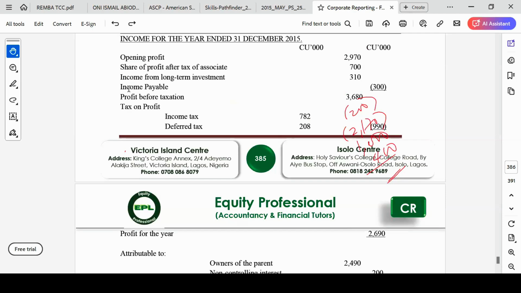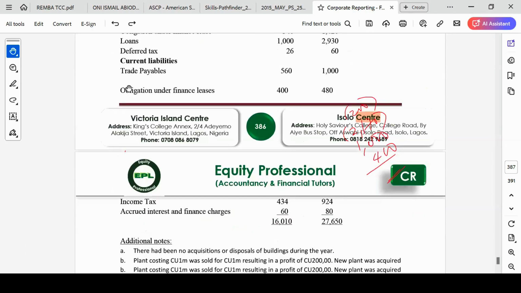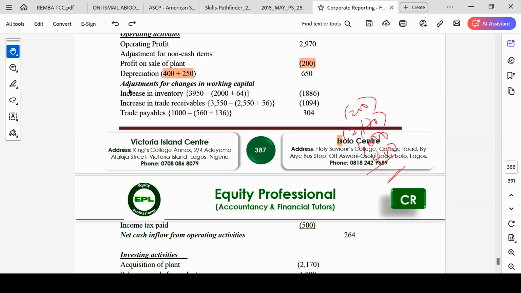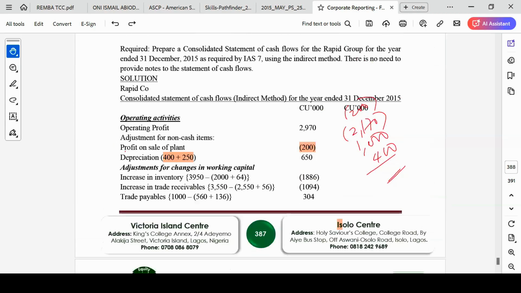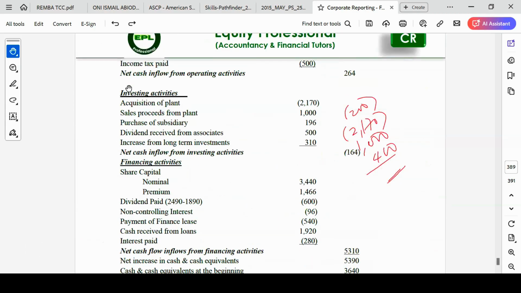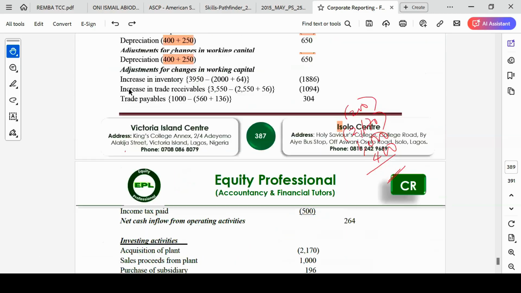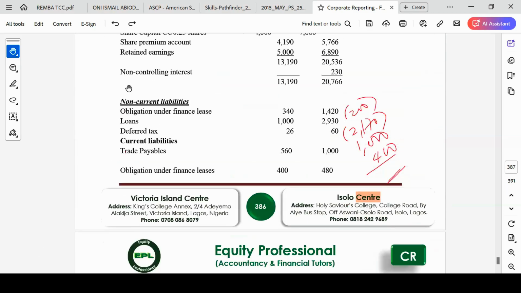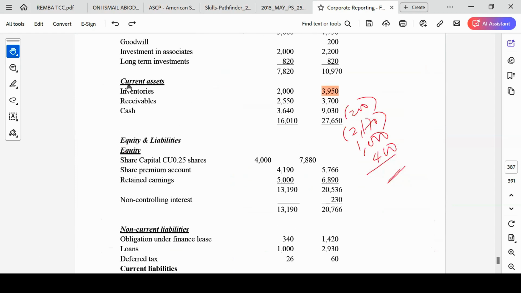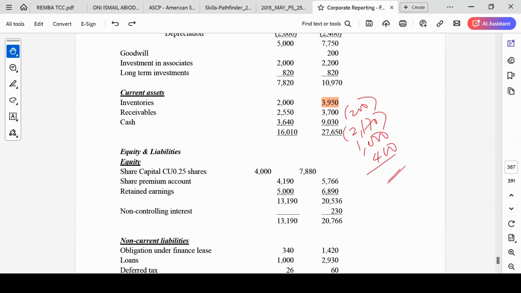The same way we deducted profit on disposal, we would have deducted it and then reclassified it to investing activities. But because they used operating profit, that's why we moved on from it. So for the increase in long-term investment, I'm sure what should have been there is not 820.